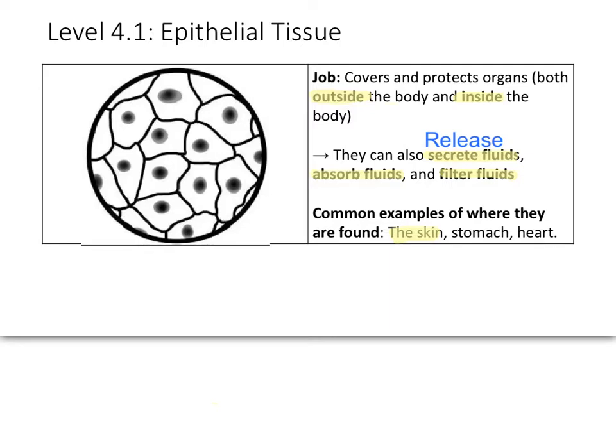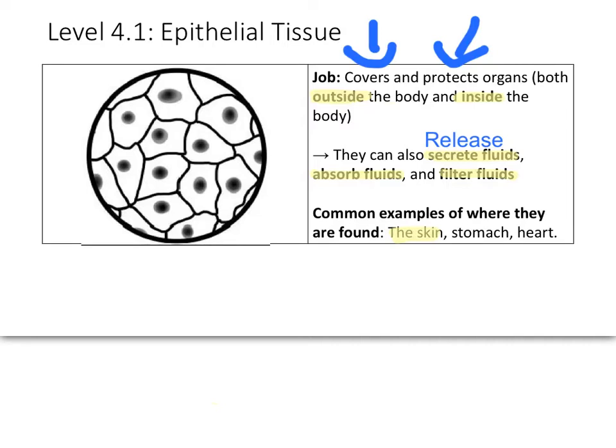And then you also find epithelial tissue surrounding all of your interior organs. So the top layer of cells on your stomach is epithelial tissue, and your heart, and so on and so forth. So the key thing that we need to remember, and this is extremely important, is that they are the protectors by covering all of your organs. So that's our first type of tissue.